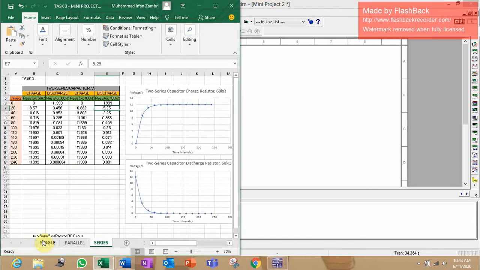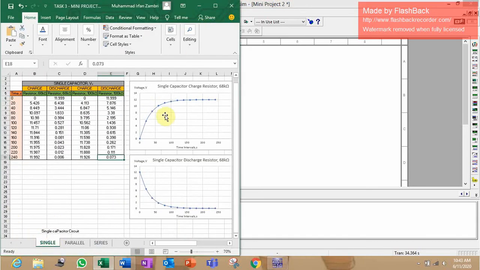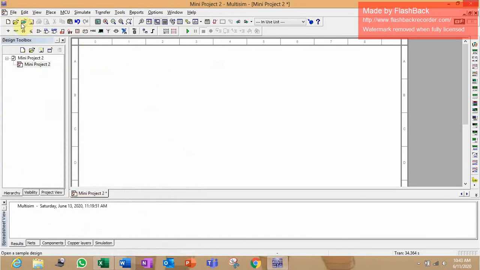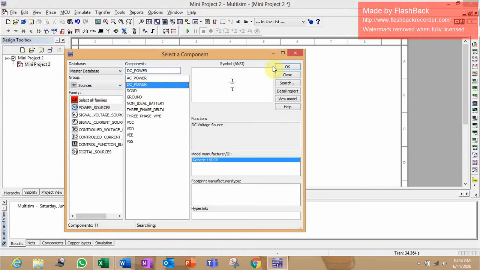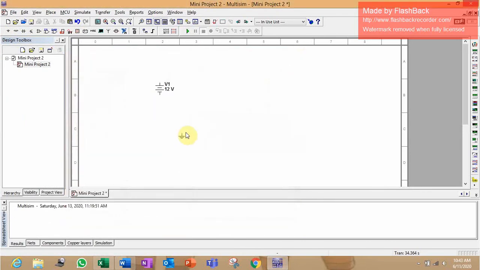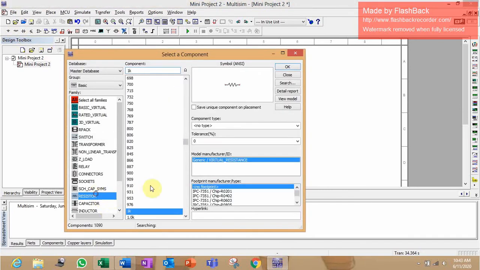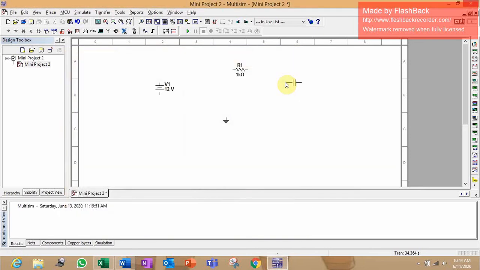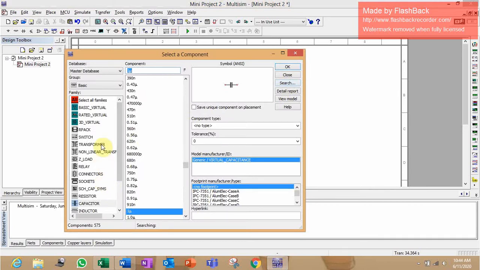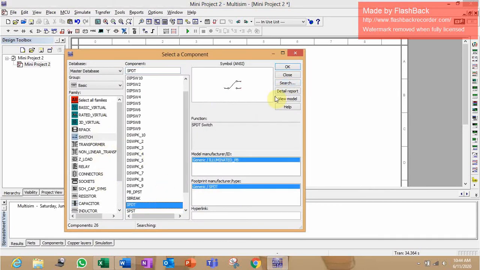So first I will show the single capacitor circuit. The resistor and the capacitor. For single I use one capacitor, and in this case I use two types of switch.